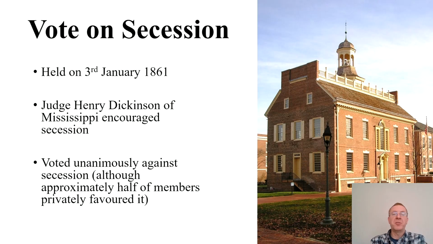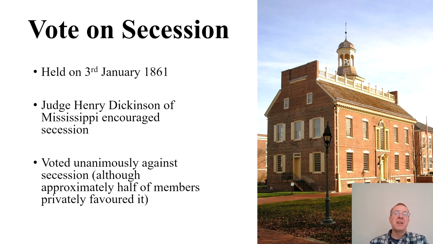And so the vote on secession was held on the 3rd of January of 1861. Now let's look at the context again here. All right, by this point, only South Carolina has seceded. And in spite of that, you have a judge who's come up from Mississippi, which is also still in the Union at this point, like Delaware, has not had their vote on secession yet.